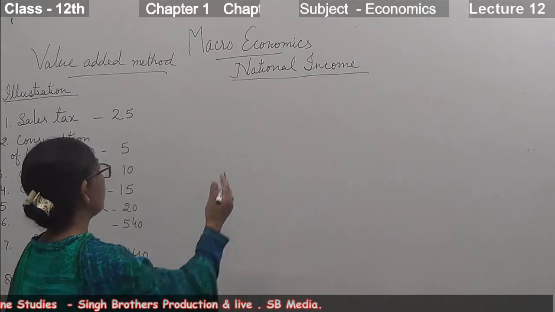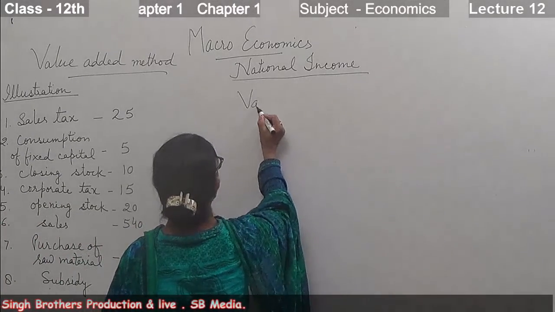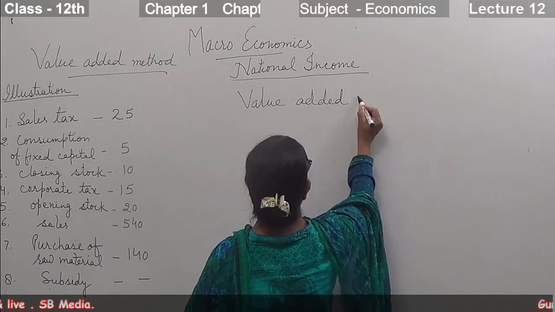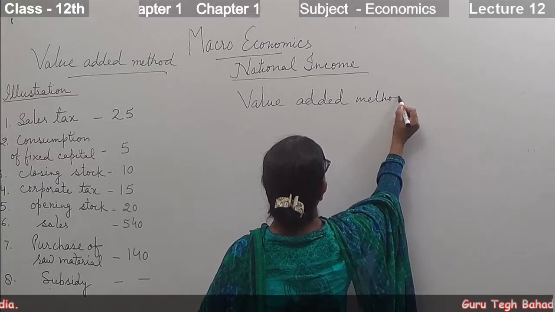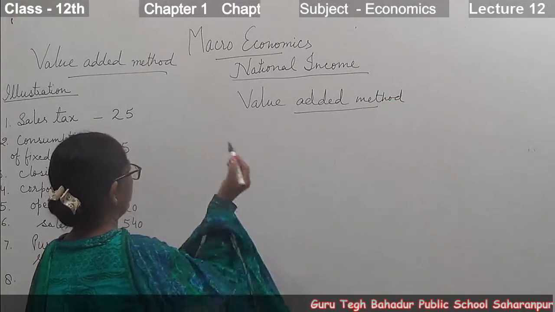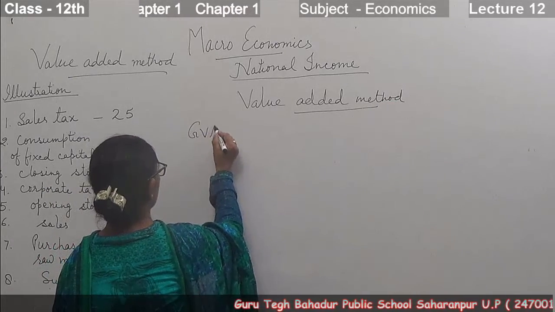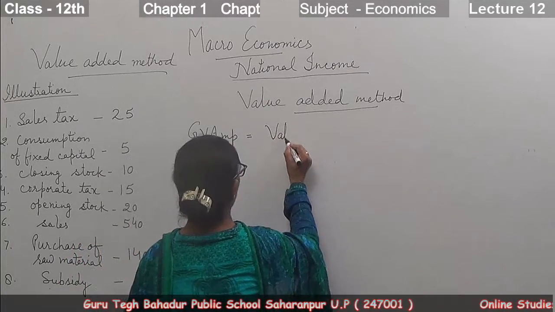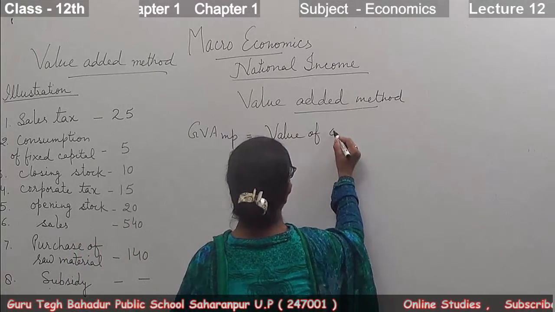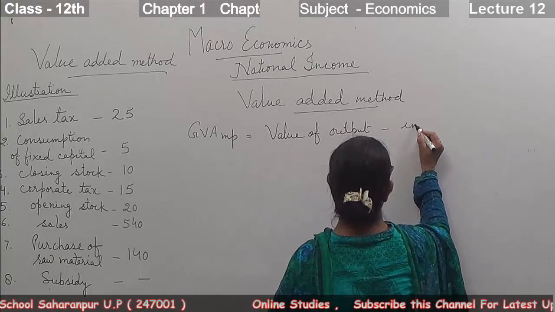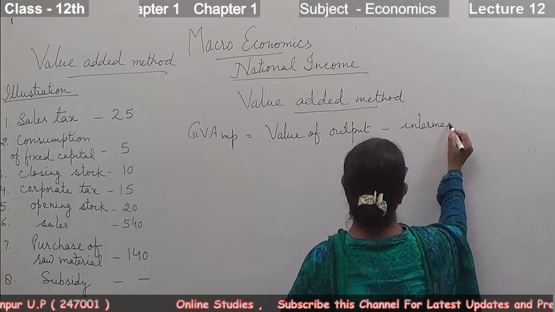So value added method, how to start? Yesterday I told you that it is to be started from GVA-MP. GVA-MP is equal to value of output minus intermediate consumption.